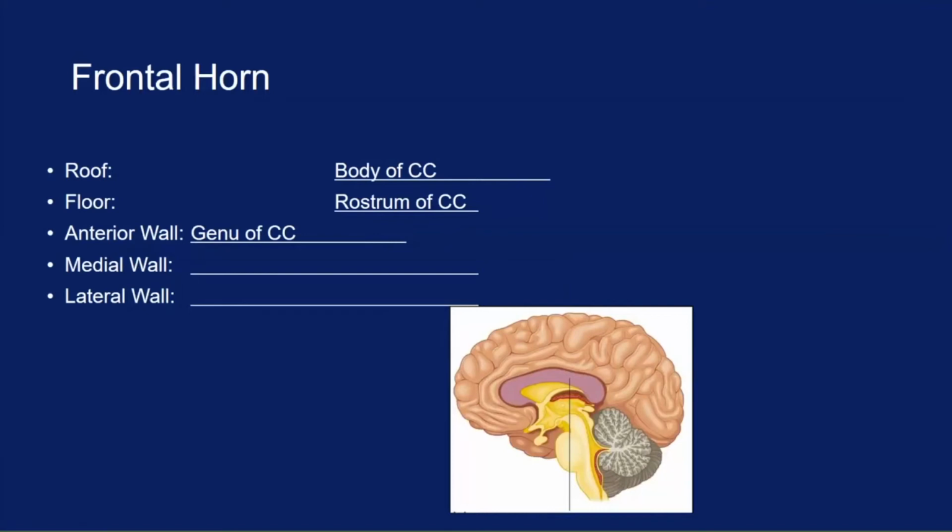In this case, that would be the body of the corpus callosum, that then makes the genu. So that gives you the anterior wall right here, and then it flips down and makes the rostrum, which then creates the floor for the frontal horn.